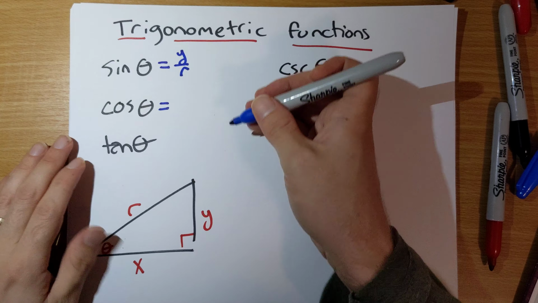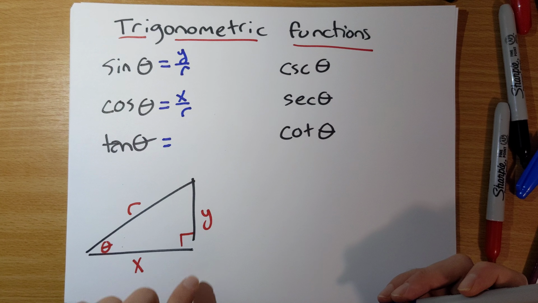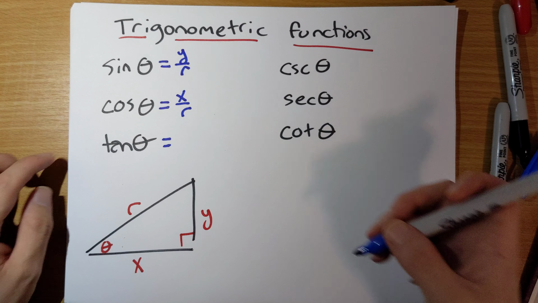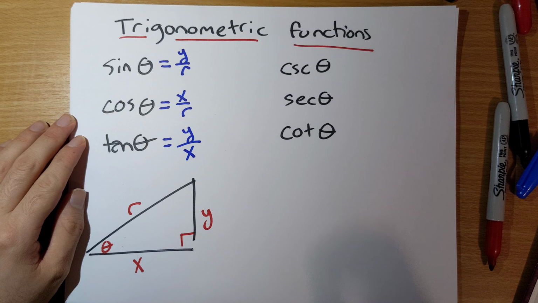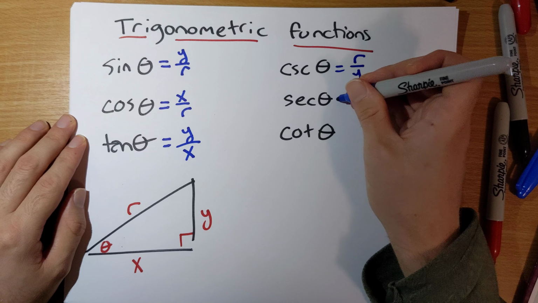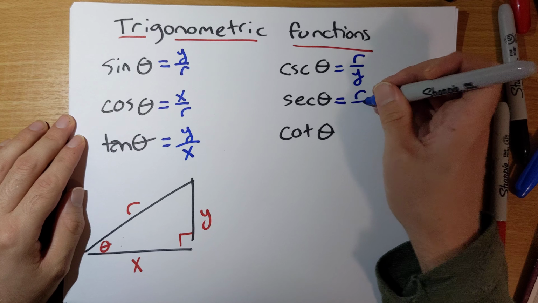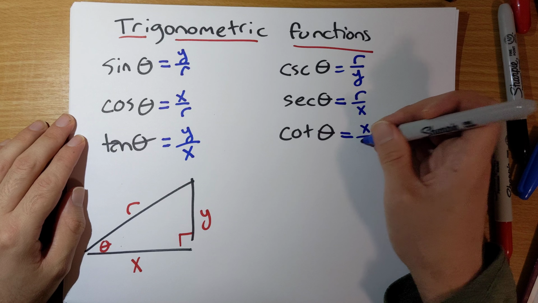Cosine theta is the ratio of x to r. And tangent theta is going to be the ratio of y over x. Cosecant theta is r over y. Secant theta is r over x. Cotangent theta is x over y.